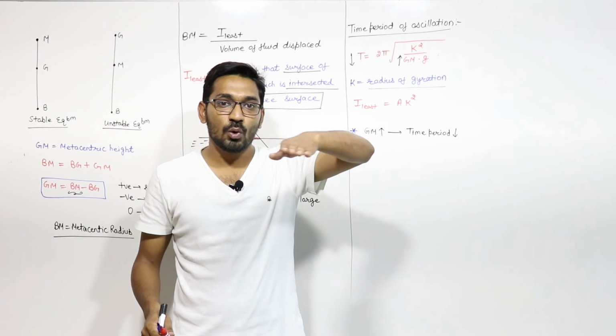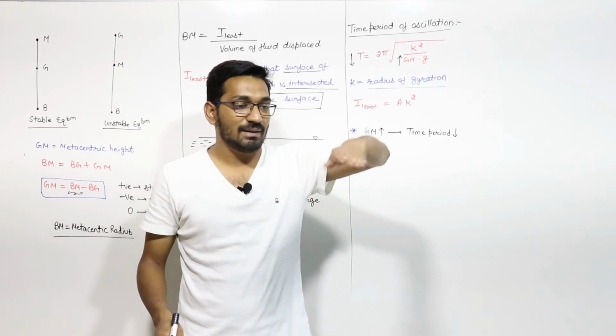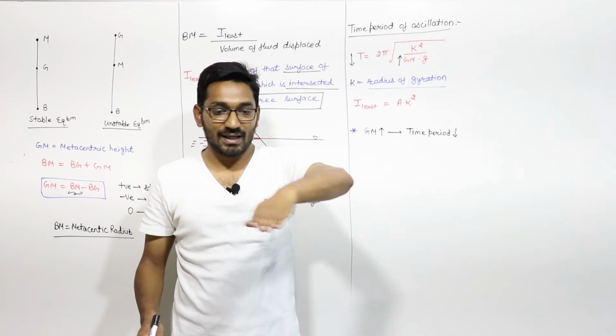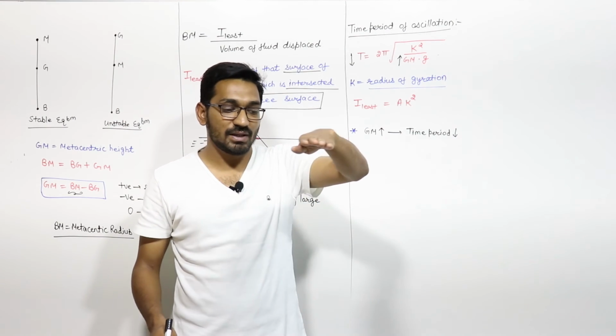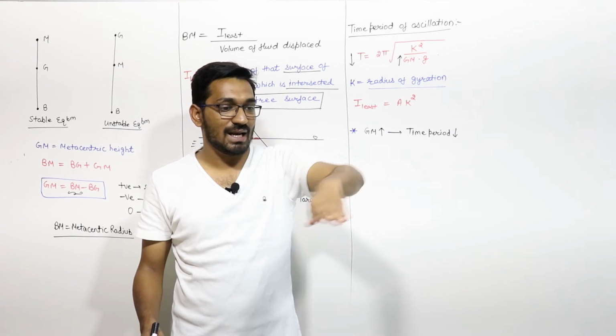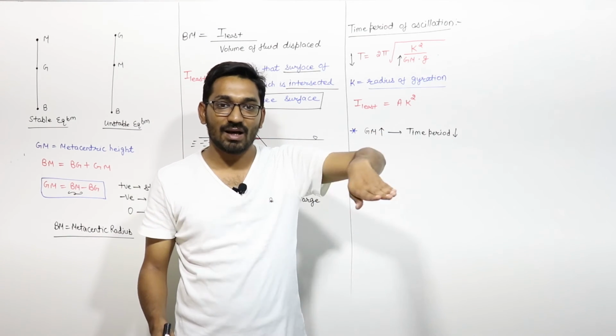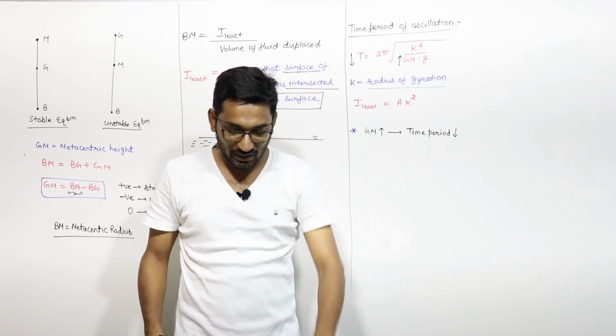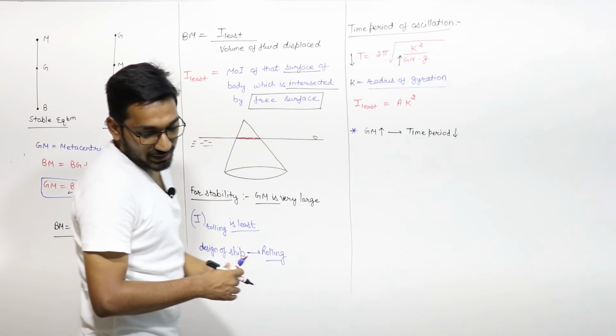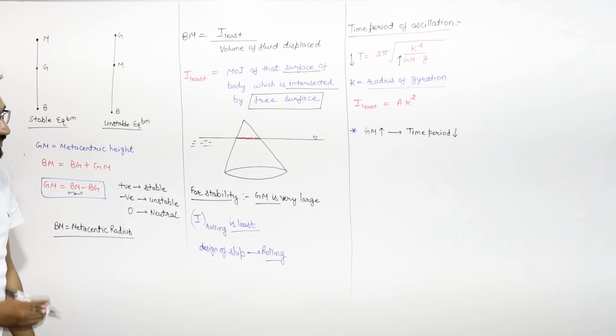Time period more means it will take more time to complete one cycle. So the time period is less if the metacentric height is more.